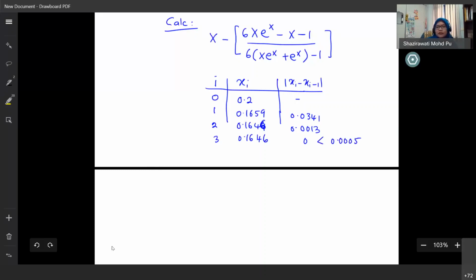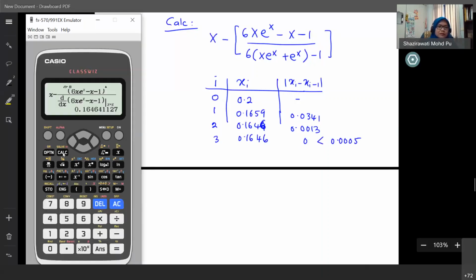So now you're already less than 0.0005. Basically a student will use the calculate button, and after that only then calculate the difference between two consecutive x. If you have the same x for the second time, or after two consecutive x, most likely you're going to stop at that iteration.